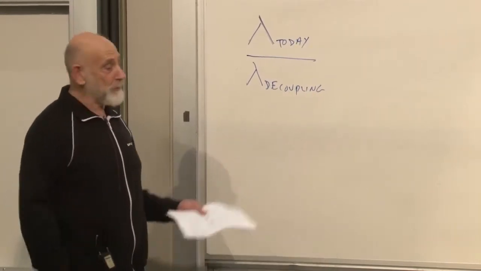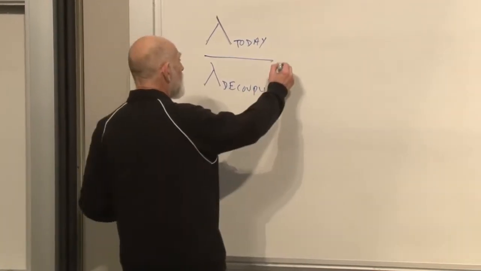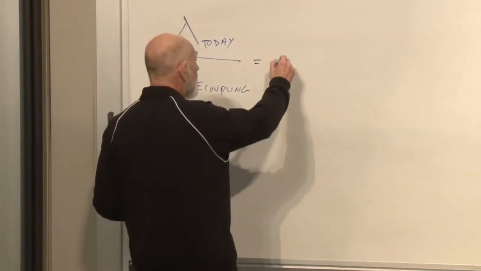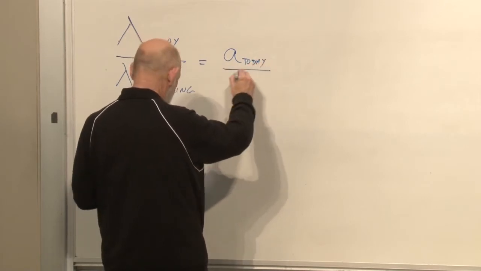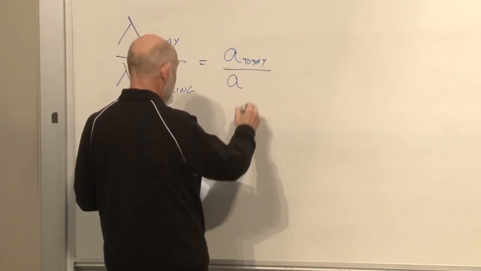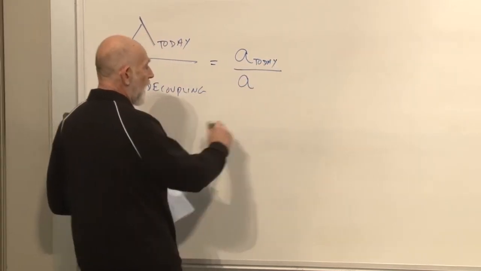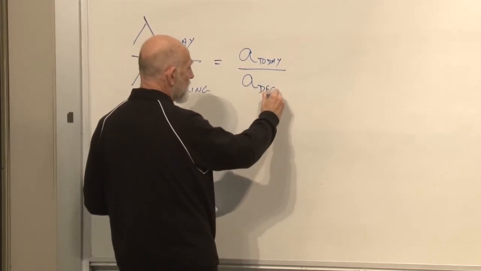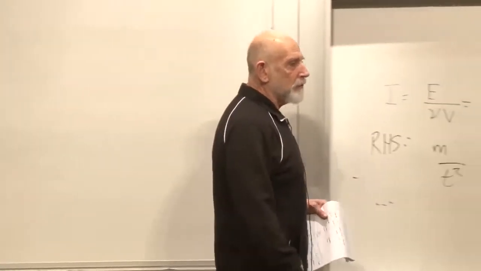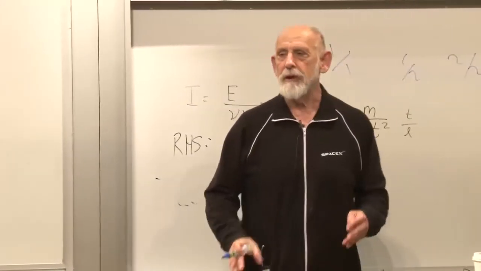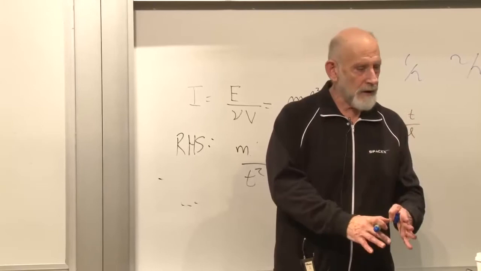They got stretched by the expansion of the universe. So we can write that this is just the ratio of the scale factor today divided by the scale factor at the time that decoupling took place. The time that decoupling took place is not an absolutely rigorously, sharply defined time.